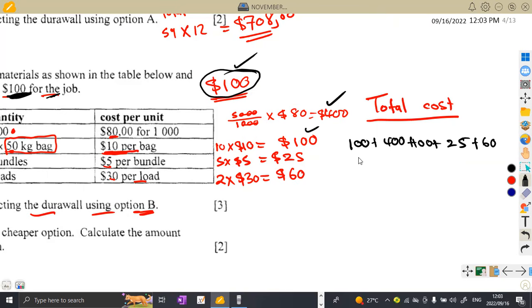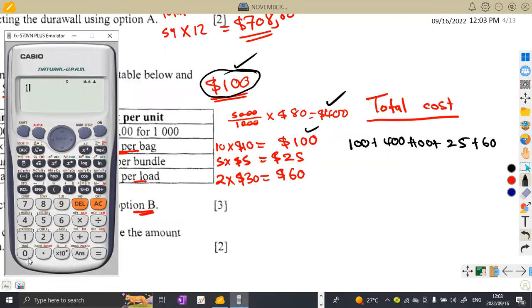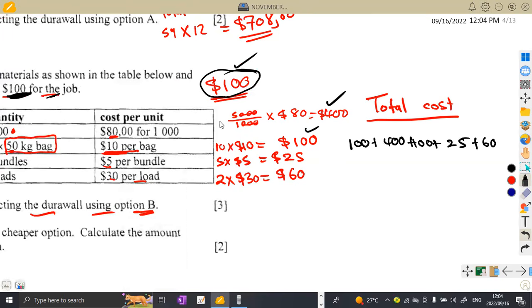Okay, so if we add properly, we are going to obtain something like 585. So let's see, 100 plus 400 plus 100 again, plus 25 plus 60. All right, so we add everything, that's 685. All right, which means it costs less if you buy your own material, see, it costs less, 685.